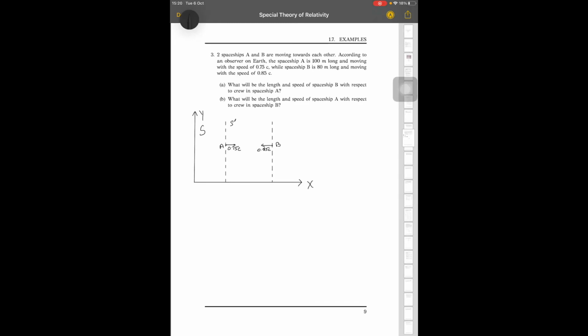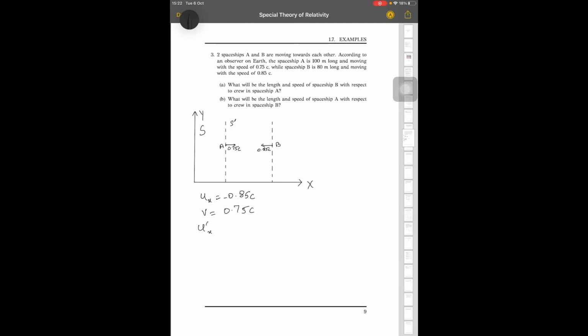So ux equals minus 0.85 c, because it's traveling in the negative x-axis, and v equals 0.75 c.